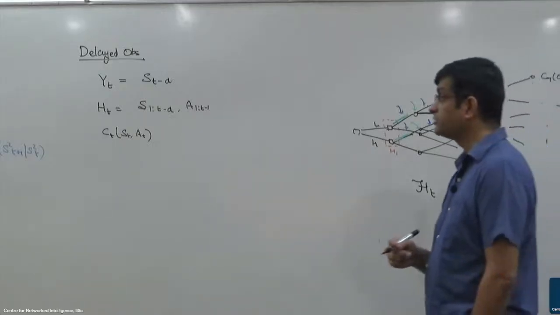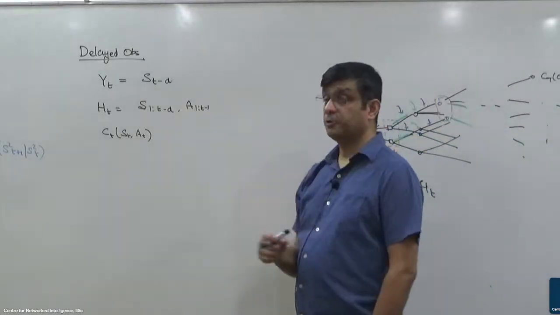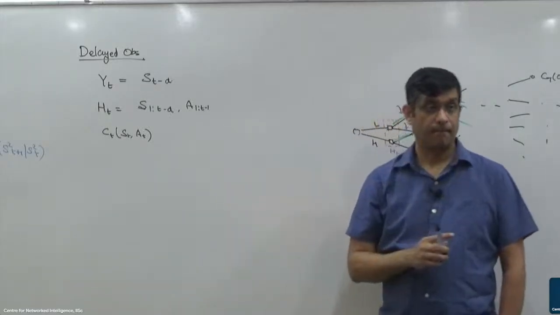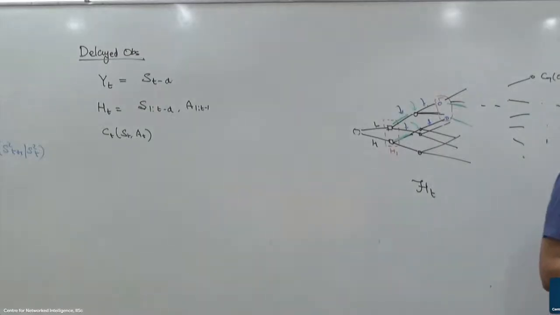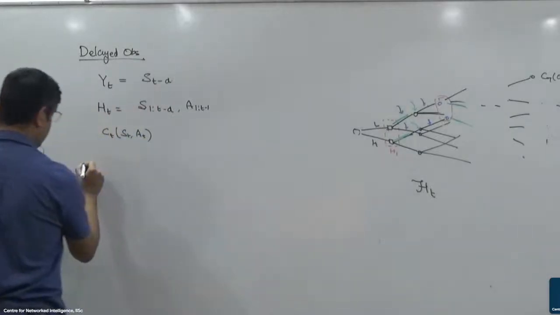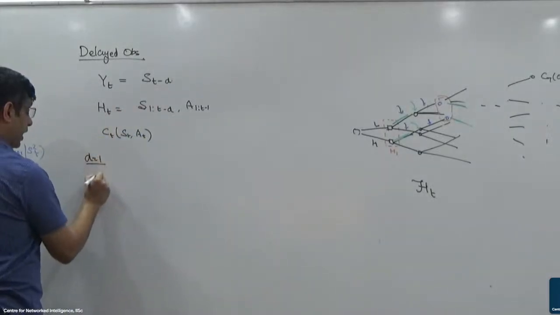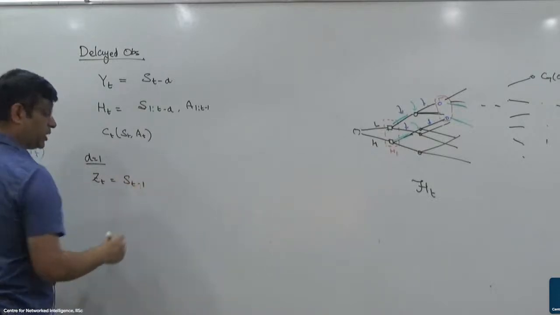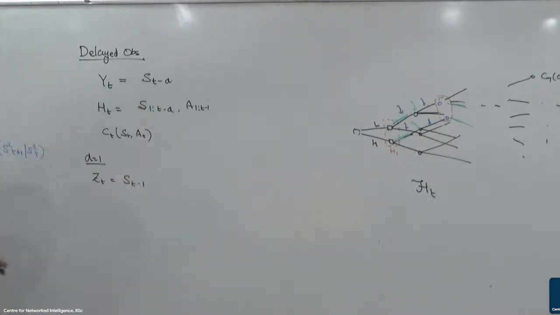Okay, let's start with the simplest case. Suppose delay was equal to 1. Is the last observed state sufficient? So one suggestion is, if d is equal to 1, I should take Z t to be equal to S t minus 1. Let's check what I need.